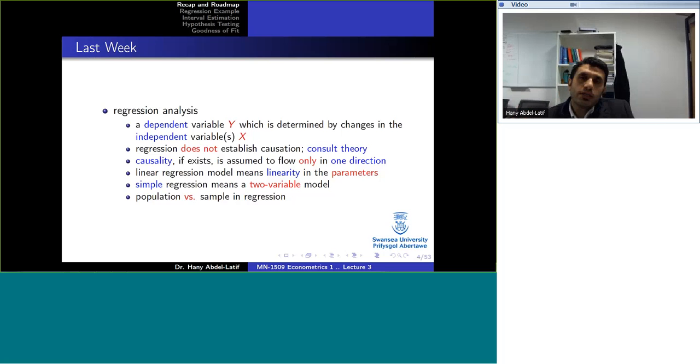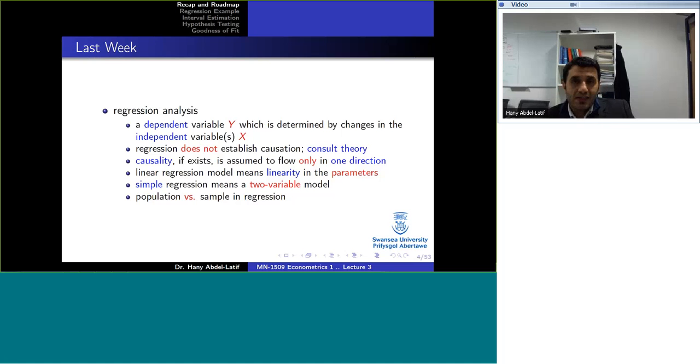Also, we learned that in regression analysis, we usually rely on a subgroup of the population because we cannot obtain data about the entire population, and for that reason we try to collect data about a subgroup of the population, which we call a sample.